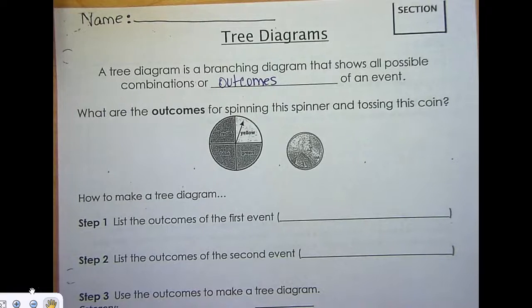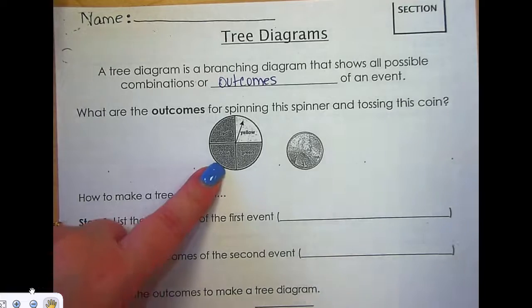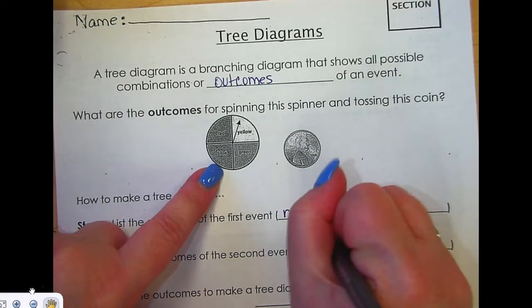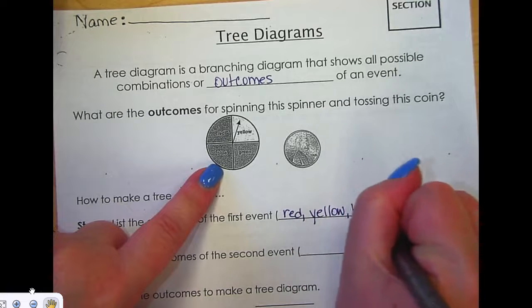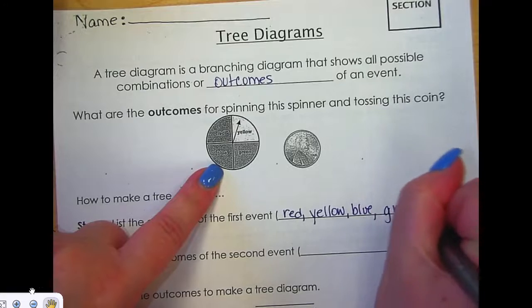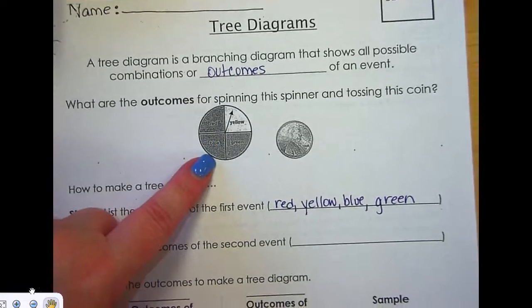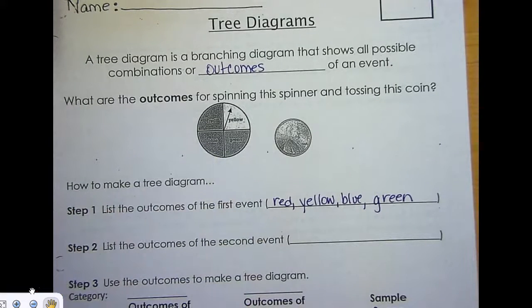So we're going to look at what math comes up. So list the possible outcomes for the first event. So red, yellow, blue, or green. That's event 1. Your outcomes are red, yellow, blue, or green.